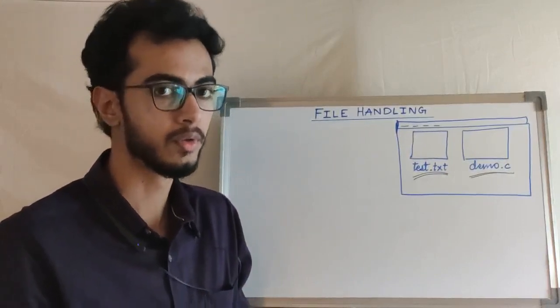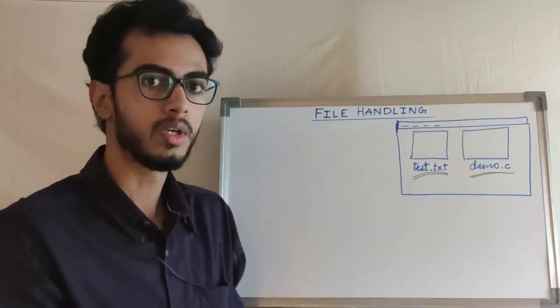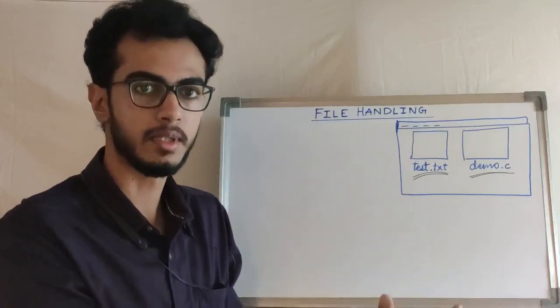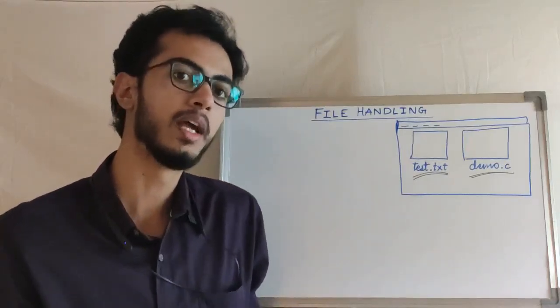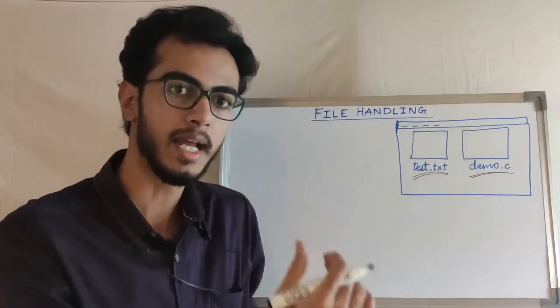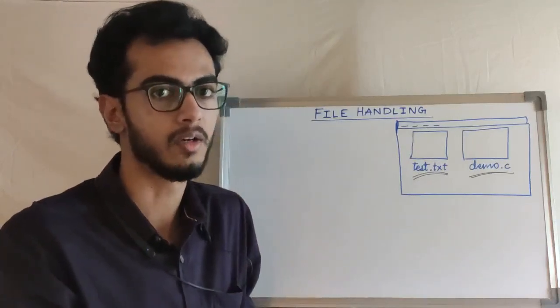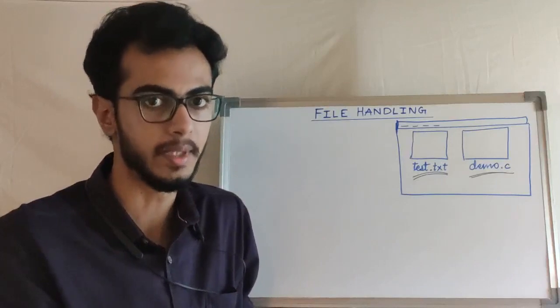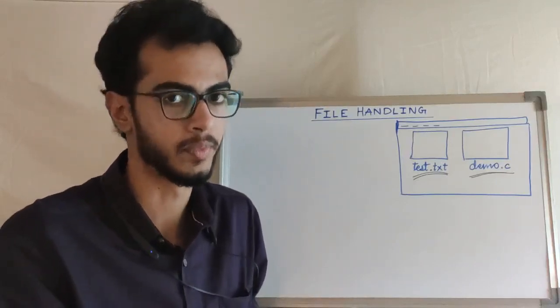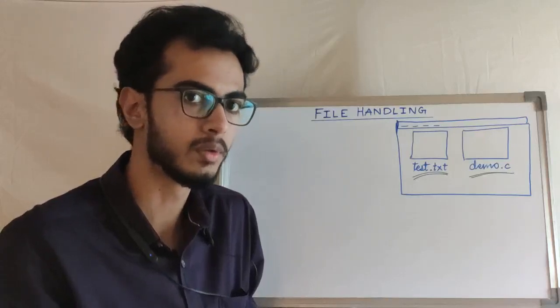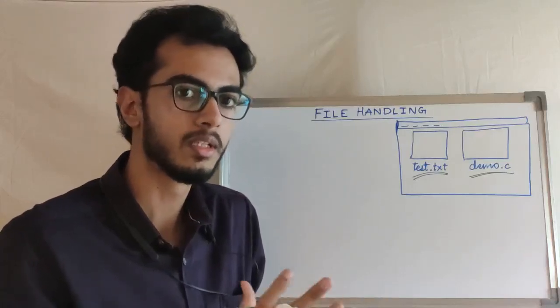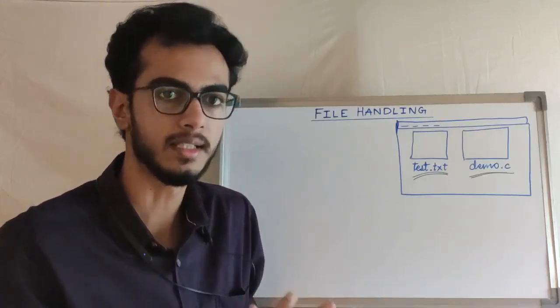If you store the text file in some other folder and your .c file in another folder, then you will have to add the complete path of your text file inside your C program. We'll see how to add that, but to keep things simple, please keep both the .c and .txt files inside the same folder.